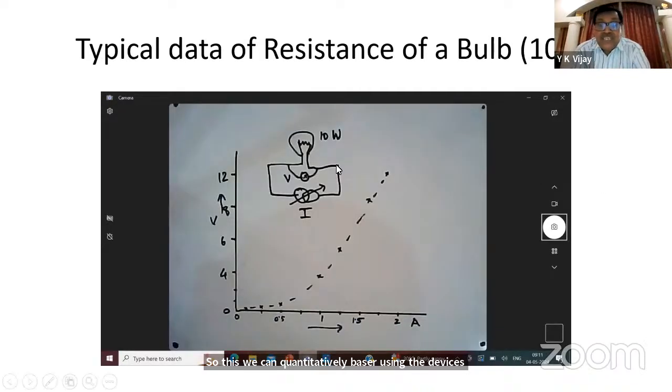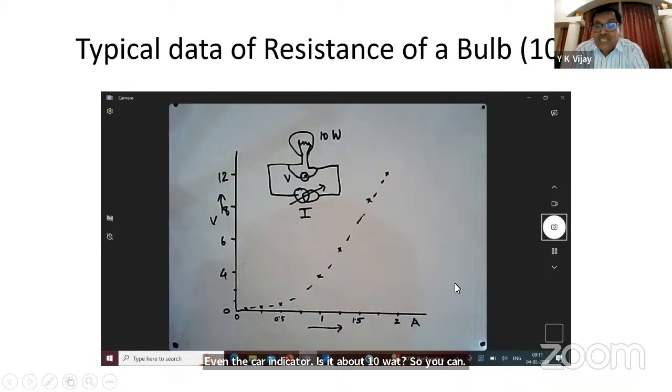If you take a smaller bulb like a 10 watt bulb, which scooters and motorcycles have, a very small indicator bulb which works at DC 12 volt only, even the car indicator bulb is about 10 watt, you can measure the voltage and also the current.